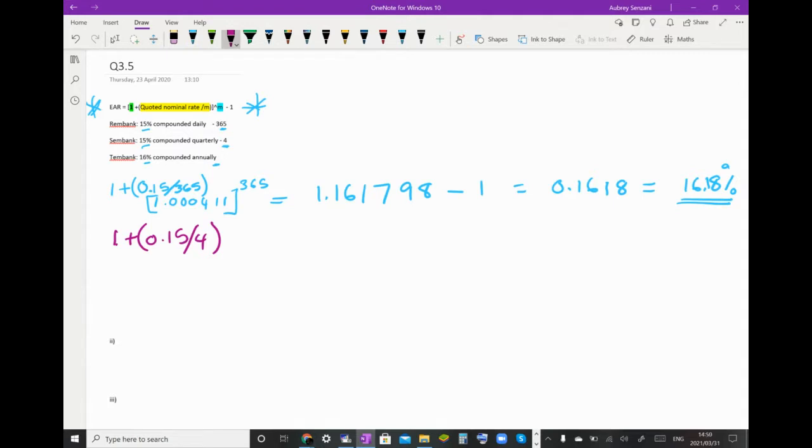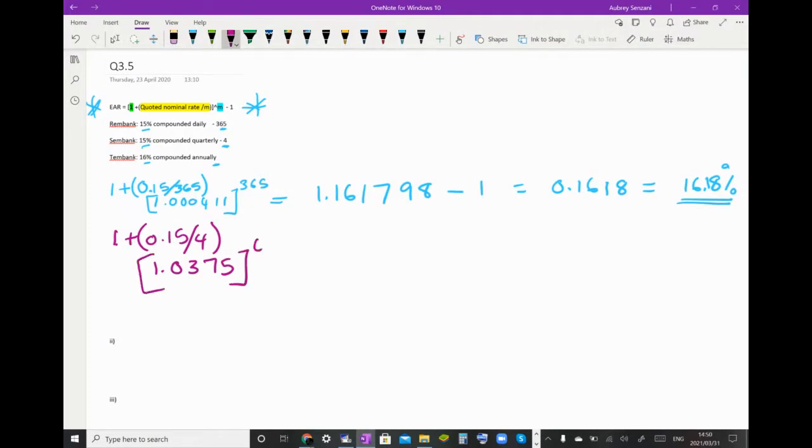So 0.15 divided by 4, then plus 1, we get 1.0375. We don't need those extra zeros, so I'm going to erase that.